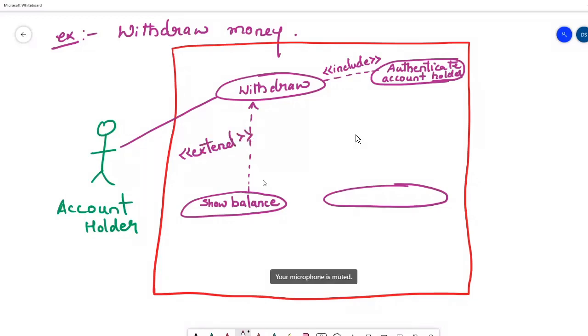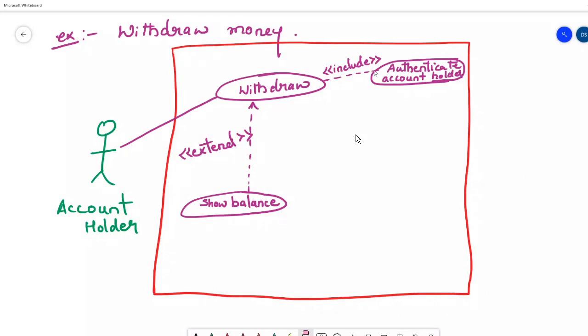Now if the balance is there, this much is enough as we are talking about just withdrawing the money. But we have shown include and extend. Now you can modify this, you can elaborate, you can add as many use cases as you want.